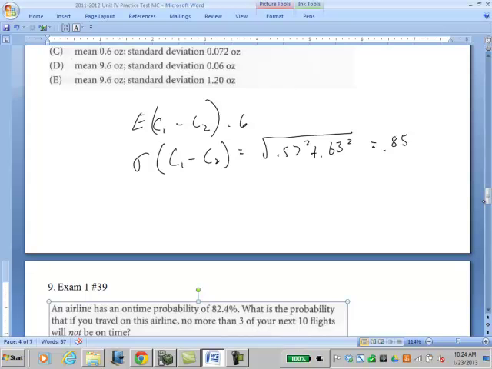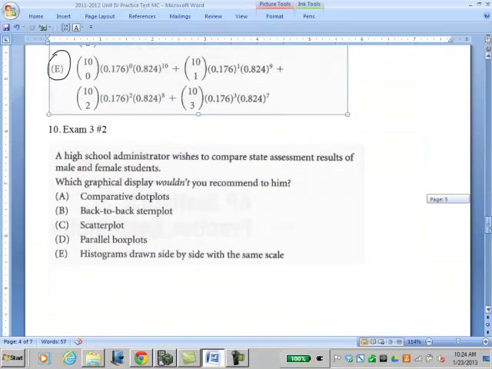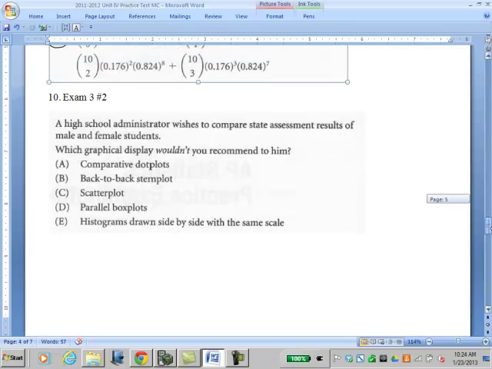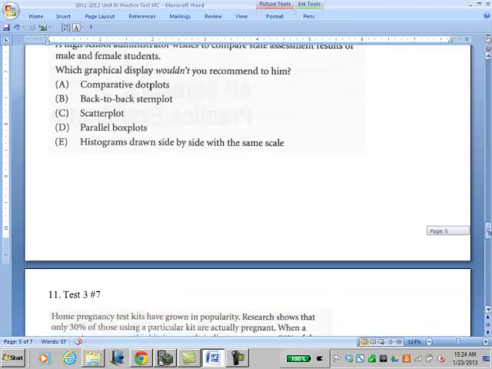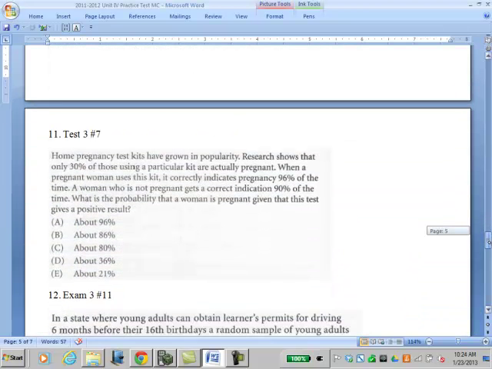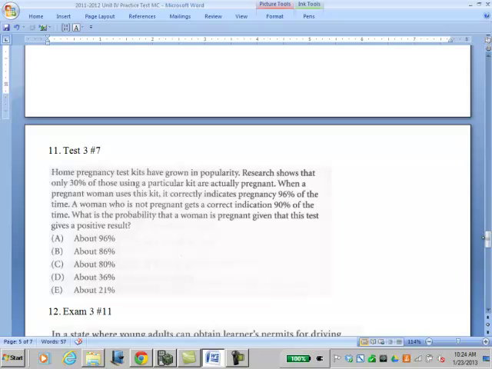All right, I'm moving on here. All right, so I'm going to make a tree diagram. So here it comes. We're skipping 10. Okay, we're going to 11 because it's not the material. Okay, so home pregnancy kits. All right, so they say if a woman uses one of these kits, research shows that the probability she's pregnant when she uses the kit is 0.3.